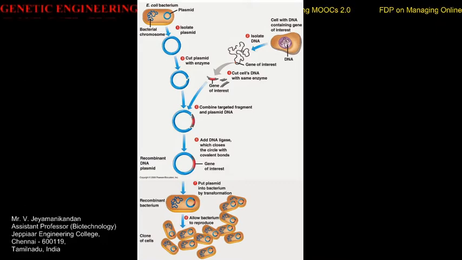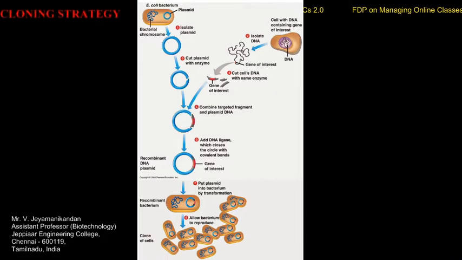This 100 millimolar calcium chloride will destabilize the membrane. Now you have to add your foreign DNA, that is the recombinant DNA we have made in the previous step, to the competent cells.